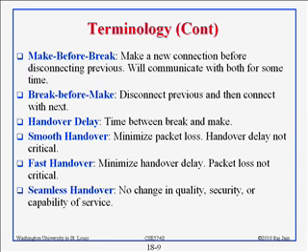Fast handover minimizes the delay. So this one is not so much concerned about the number, but about the time. And seamless handover is basically where there is no change in quality, security, or capability of service. You don't even feel like you changed at all because whatever quality of service, security, capability, throughput you had, everything remains the same. That is seamless handover.